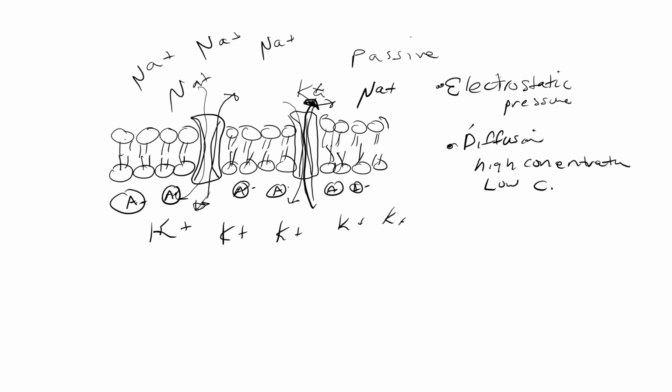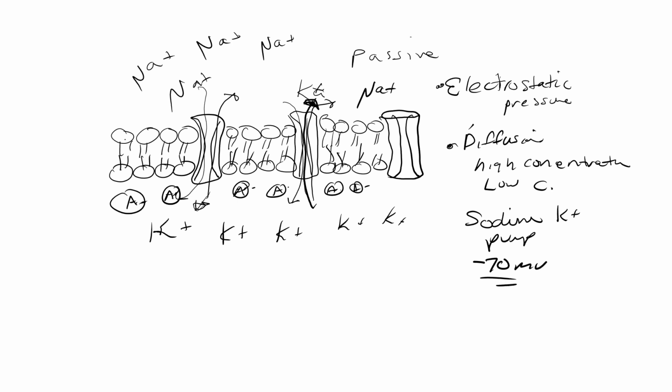Well, there's another structure here, another protein in here, and this thing acts as a pump. So this thing is what we would call the sodium-potassium pump. And what it does is it helps to try to maintain the membrane potential. Remember, we're trying to maintain like a negative 70 millivolts for resting potential, for the cell to just be hanging out at a comfortable place where it's resting. It needs to be negative 70 millivolts.